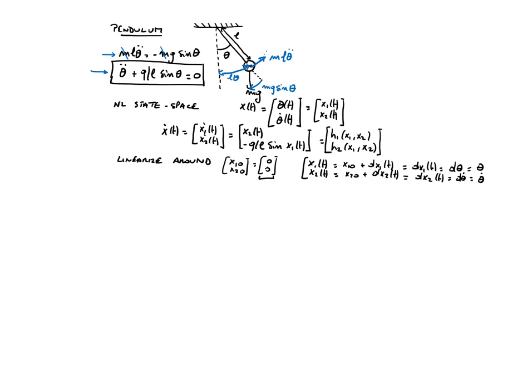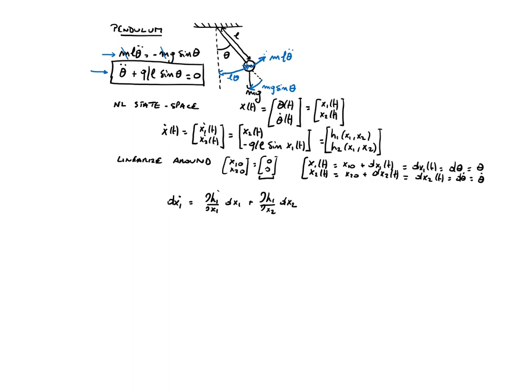Okay, so the linearized model will be dx1 dot, and then we have to take this one here, partial derivative with respect to x1 times dx1 plus partial derivative with respect to x2 times dx2, right?